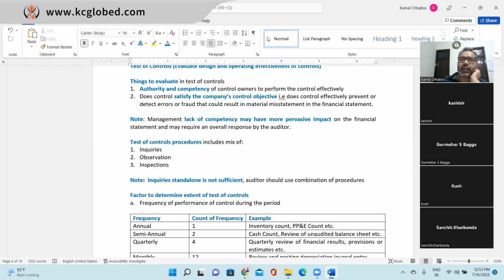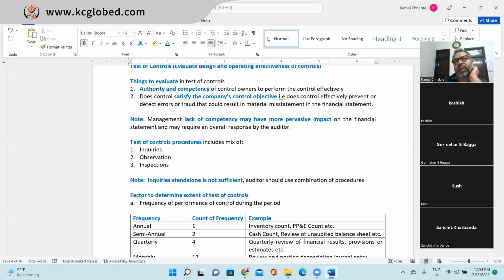Does he have the capability to apply a logical mindset, or the competency to look at the respective documents and evaluate whether the transactions are legitimate or not, right? That is the reason at each level we test the authority and competency of the control owner.